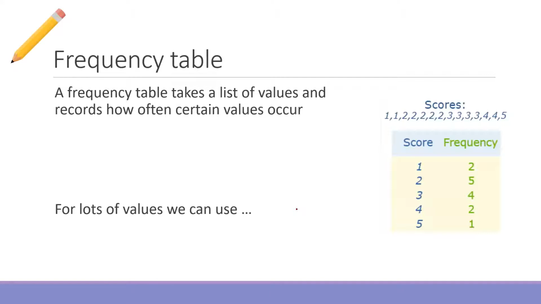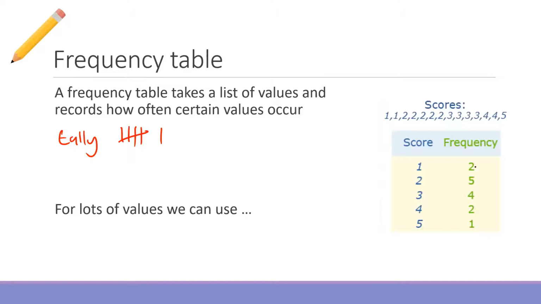This can often be done using a tally. If you don't know what a tally is, you take values and you write it down like this. If you look at the picture on the right, it's an example of a frequency table.